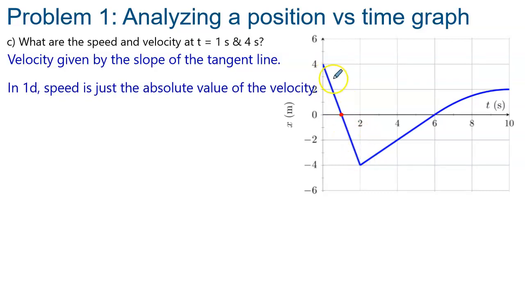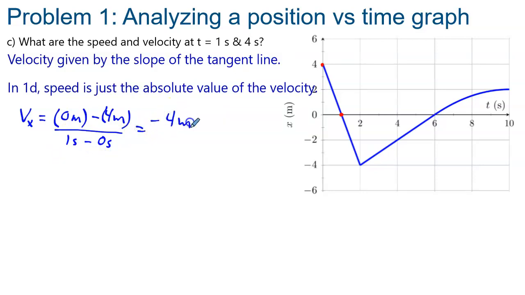Since it's on a straight line, we can just pick a second point, maybe at 0 seconds, and easily calculate the velocity by calculating the slope. So the velocity v_x at t equal to 1 second will be equal to the position at 1 second, so 0 meters, minus the position at 0 seconds, which was 4 meters, divided by the difference in time, 1 second minus 0 seconds. When we do the math, we get minus 4 meters per second.